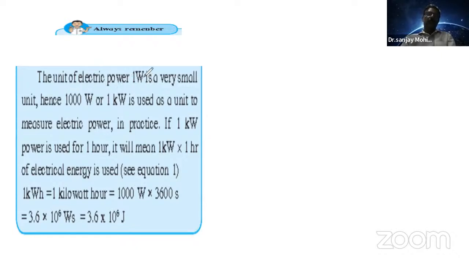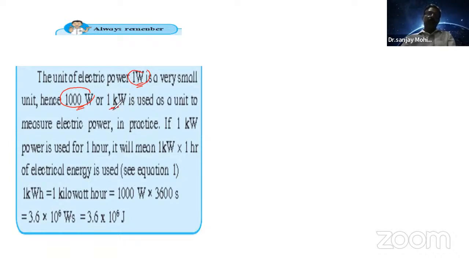We just learned in the previous slide that the unit of electrical power is the watt, but 1 watt is a very small unit, so we use 1000 watt, which is also called 1 kilowatt. The commercial unit of electrical power is always measured in kilowatt.